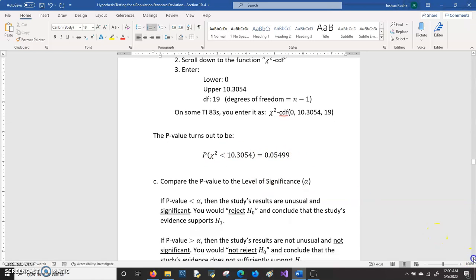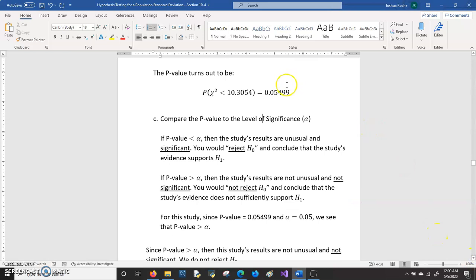And to get the result, we'll compare that p-value to the alpha. So again, remember that if the p-value is less than alpha, that means that the results are significant and you reject the null hypothesis. If the p-value is greater than alpha, that means that the results of your study are not significant, and you would say that you do not reject the null hypothesis.